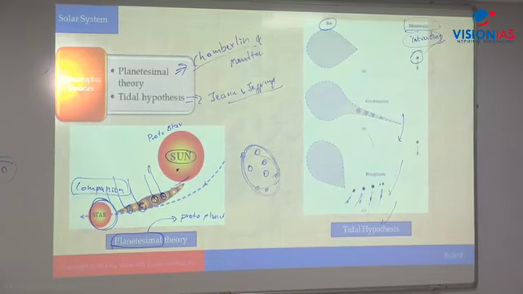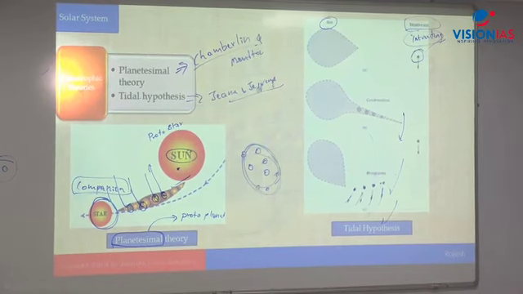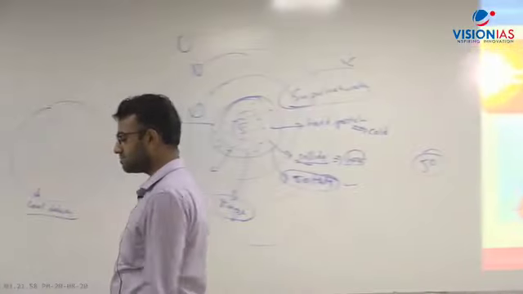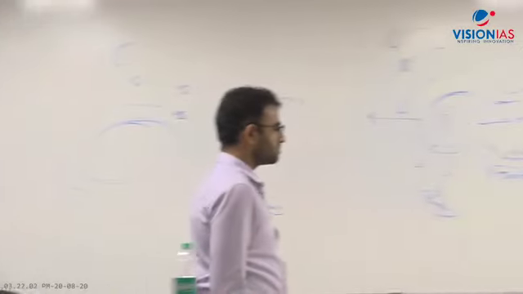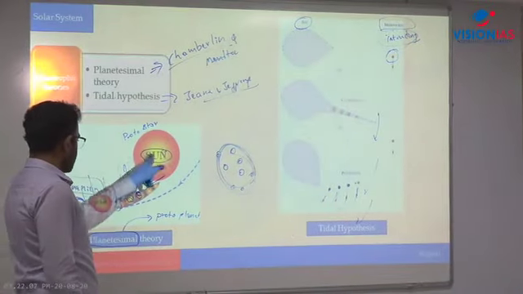So these are the theories of origin of the solar system. Earlier we had seen the origin of the universe. In case of planetesimal, there was this protostar and companion star.